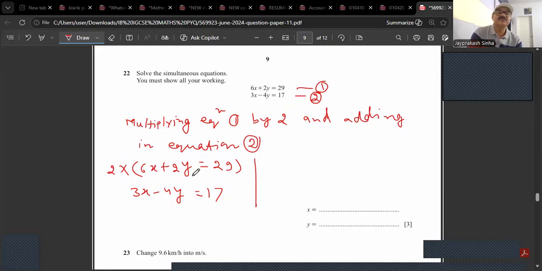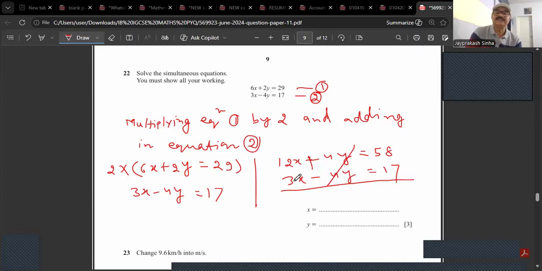This we can write as 2 sixes 12x plus 2 twos 4y, 29 twos 58, and then 3x minus 4y is equal to 17. Now because we are adding, the 4y cancels.